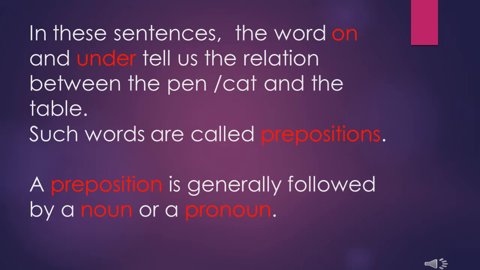So, such words are called the prepositions. So, a preposition is generally followed by a noun or a pronoun. Here, the preposition is followed by the table, and in the next sentence also, the preposition is followed by the table, that is the noun.